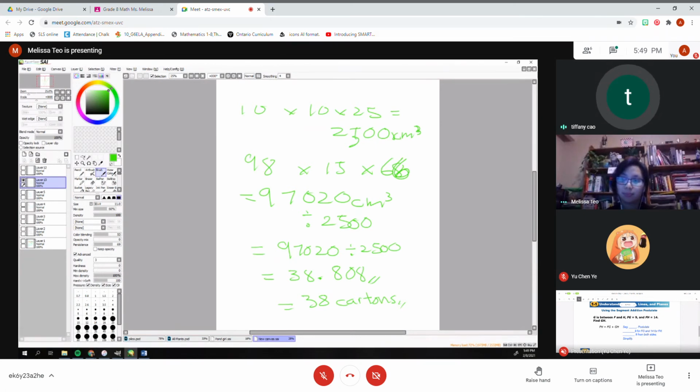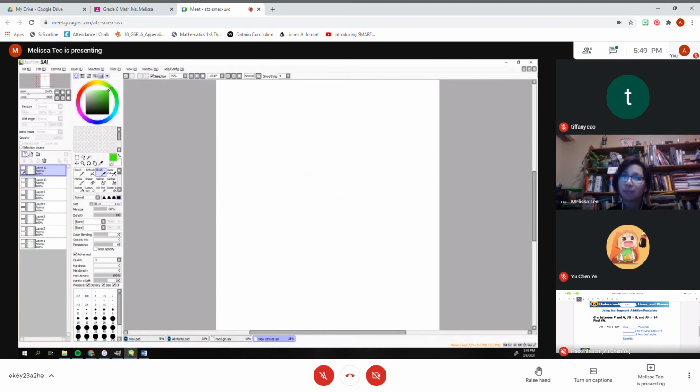I have another question. Yes. If the rectangular prism, if they gave you the volume, how would you find the height? Very good question. We're going to take a look over here. We have a rectangular prism.